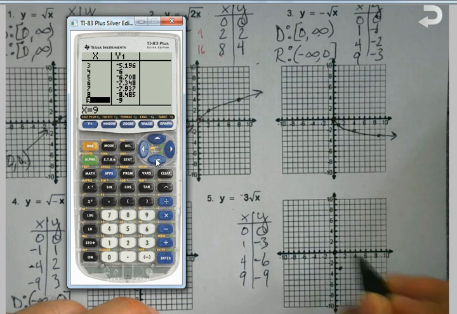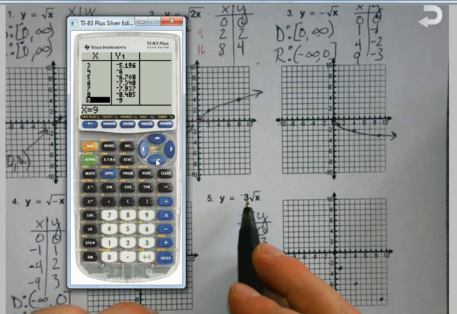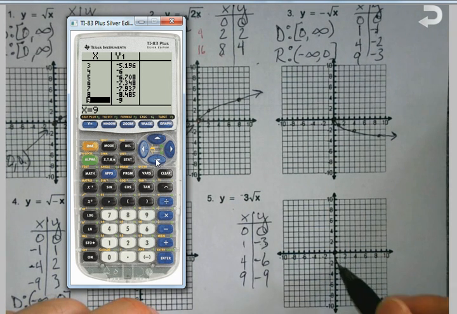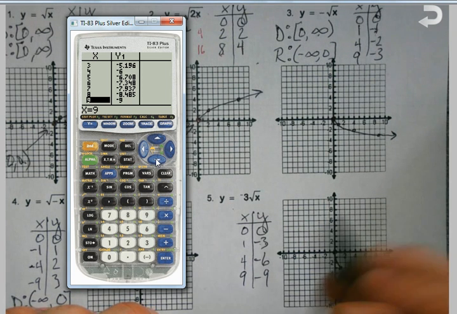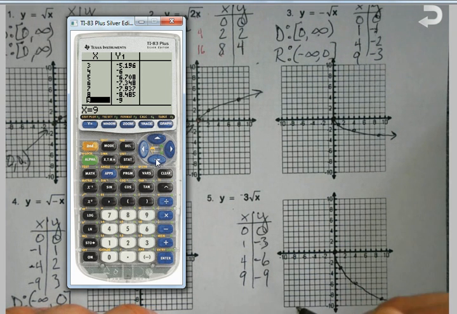And what happens is my graph is getting a lot wider. Because again, the larger this value is in front, the wider my radical function is going to be. Now, what's that going to mean to me as far as domain and range goes?